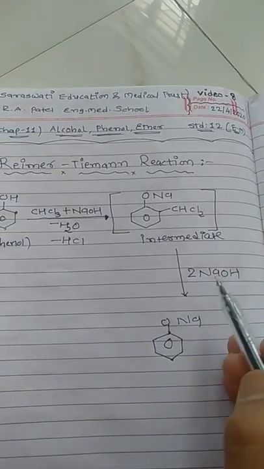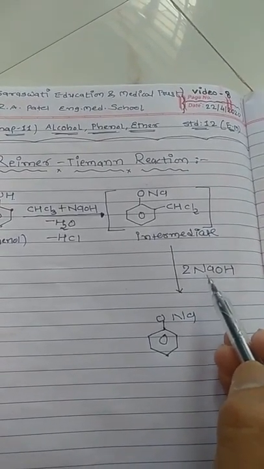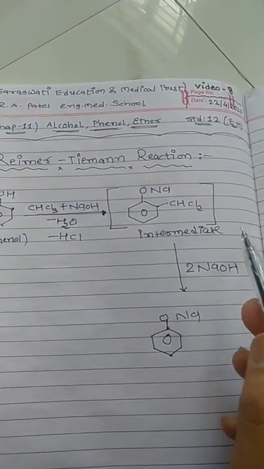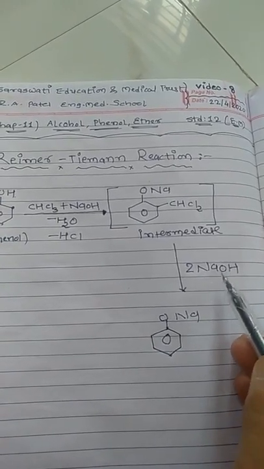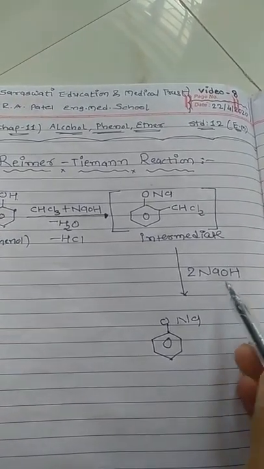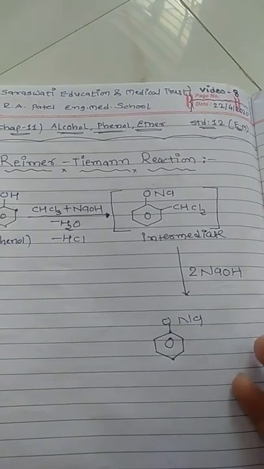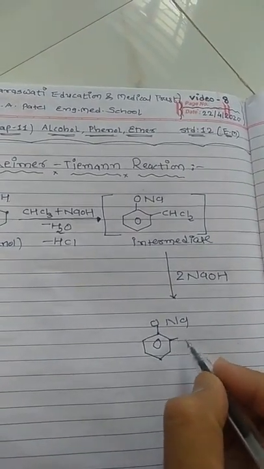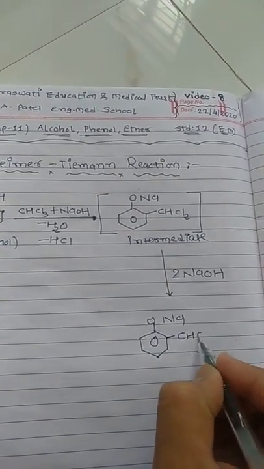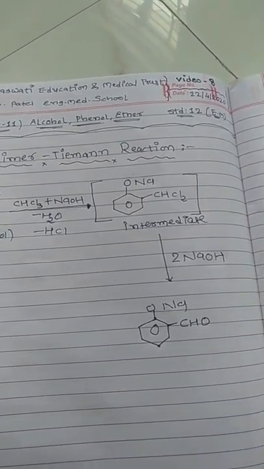Now here 2Na and 2Cl is not possible, so we have to fragment like this, 2 times NaO minus and 2 times H plus. So we have the CHO functional group over here.